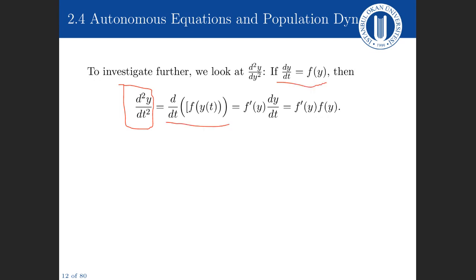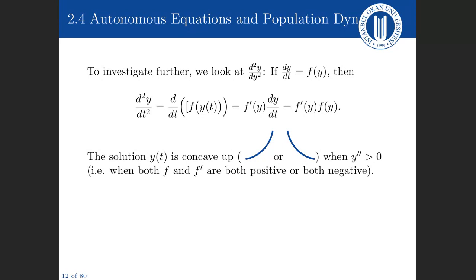So we have the derivative of f. Again, there's a typo here. This bracket shouldn't be a square bracket. This should be a round. When we use the chain rule, we find that this is the same as f prime of y multiplied by f.